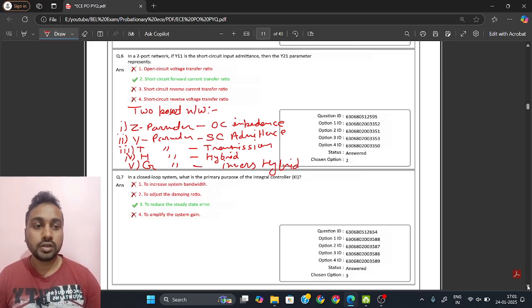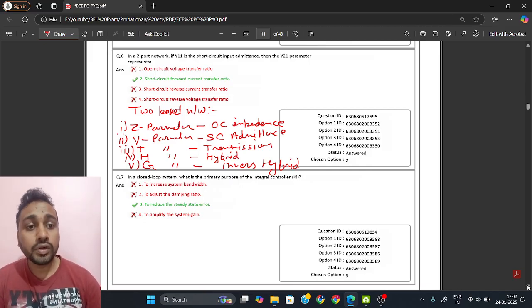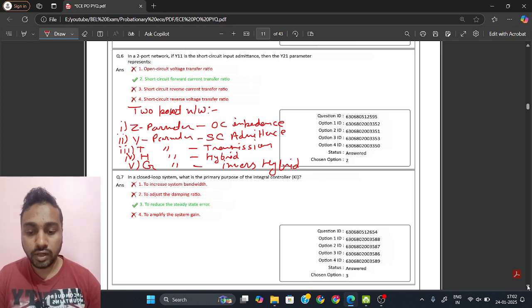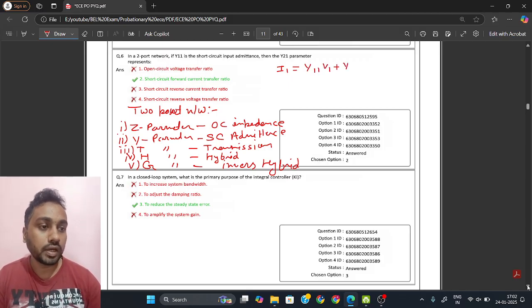If they ask which one of the following is open circuit impedance, then you have to give the answer Z parameter. Okay. Now here they are asking about Y parameter. Generally, the Y parameter equations are I1 equal to Y11 V1 plus Y12 V2, and I2 equal to Y21 V1 plus Y22 V2.